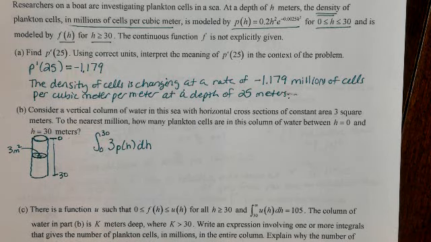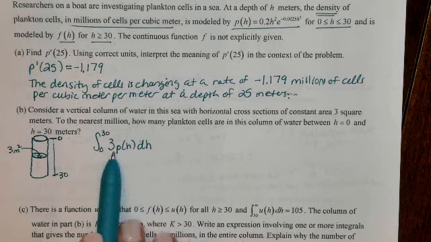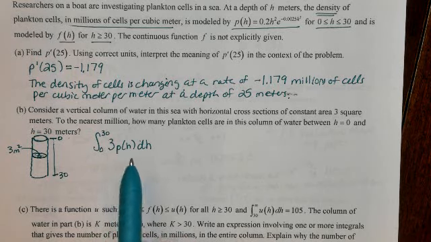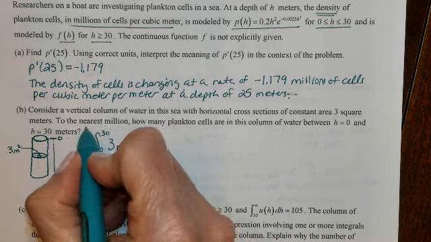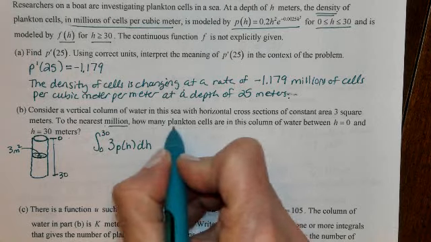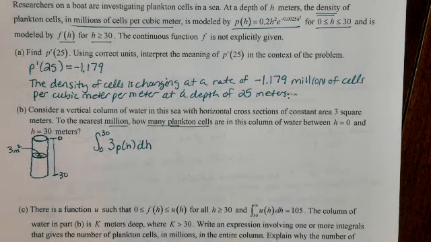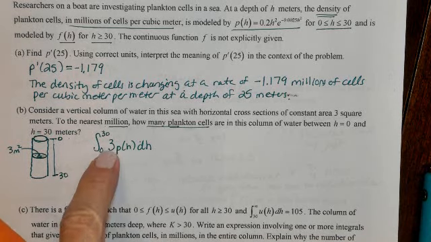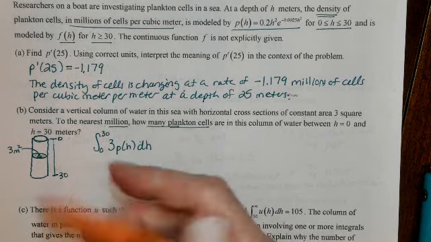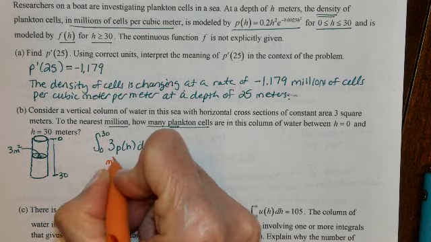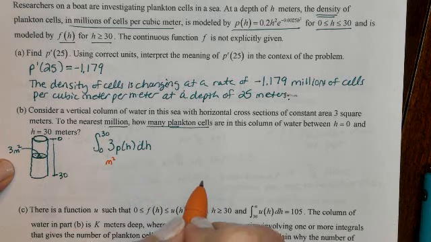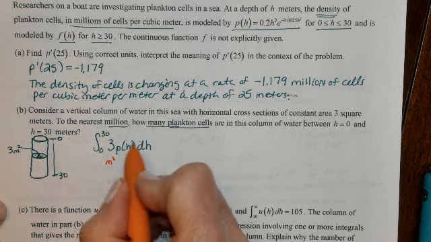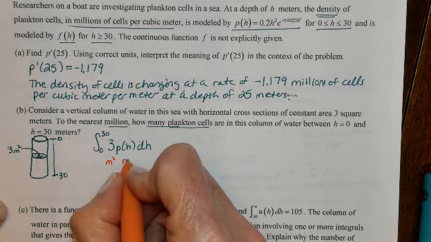If you're taking one of these problems and you're not sure about the setup, keep in mind we're getting the millions of plankton cells. So we're getting how many cells, right? Our units for this 3 are meters squared, that was our area.